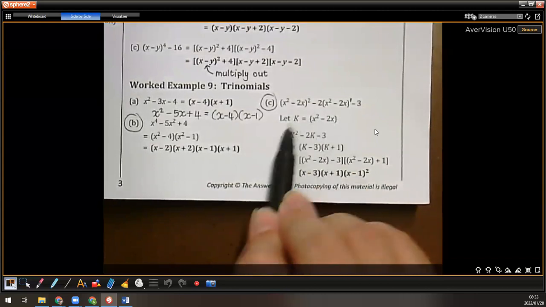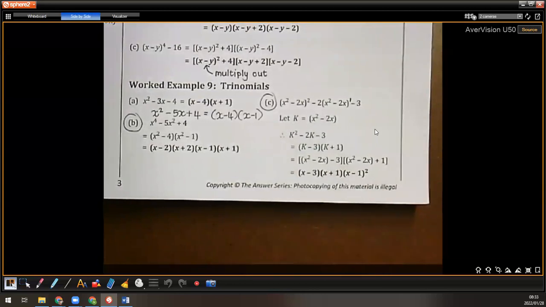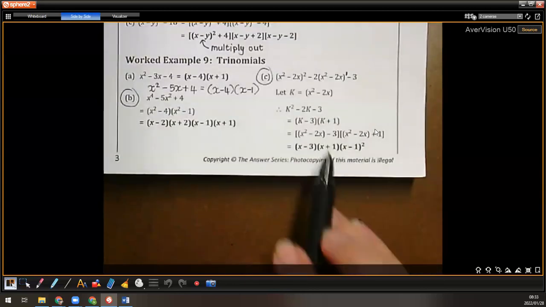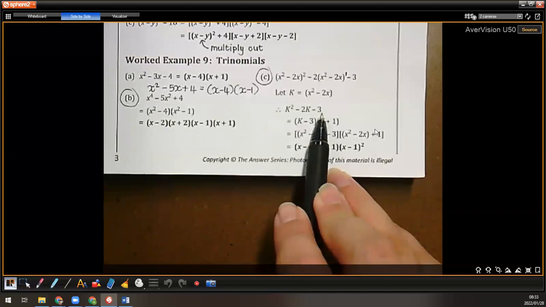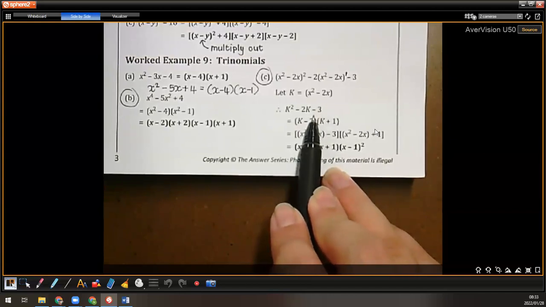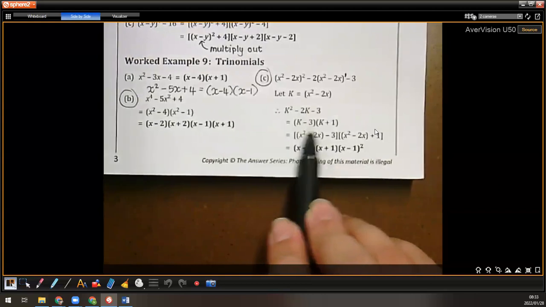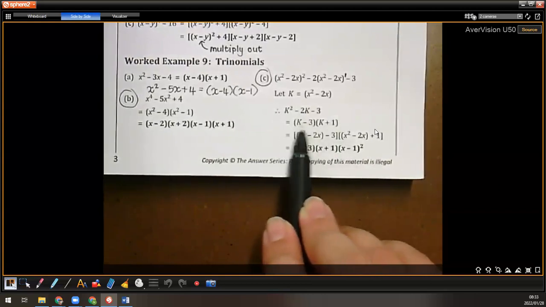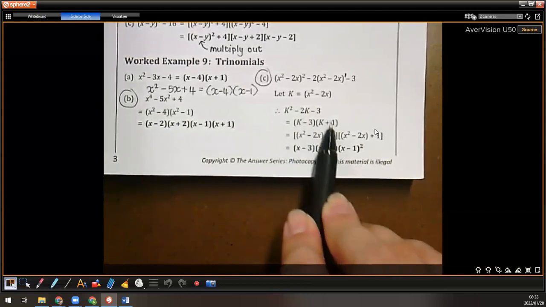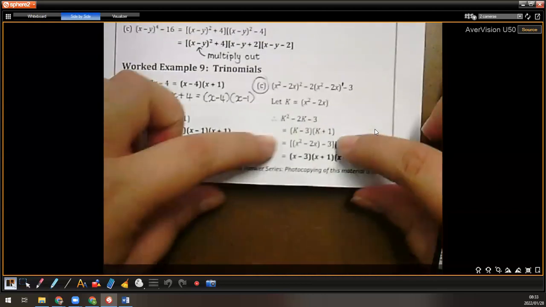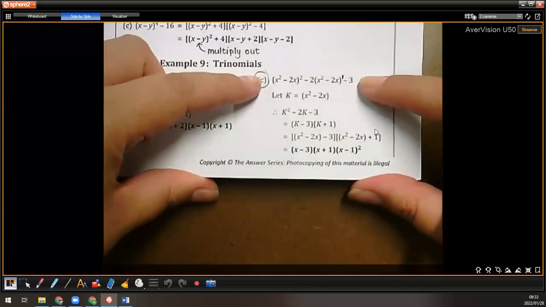Now we can see that this is a simple trinomial, right? This is an easy trinomial to factorize. We're going to look for factors of 3, but then the difference between those factors must be -2. So that's going to be 3 and 1, right? +1 and -3. There we have K plus 1, K minus 3. But now, guys, this is not equal to that factorized.